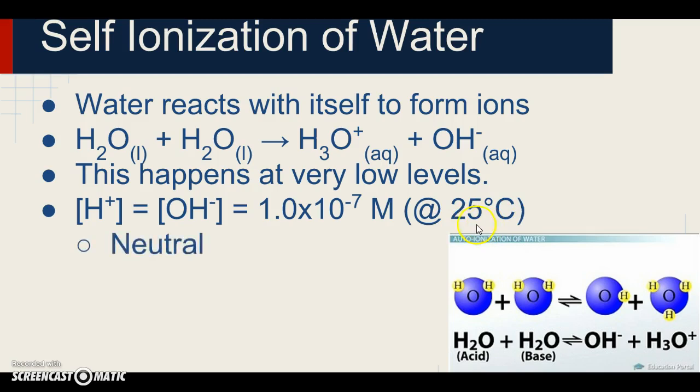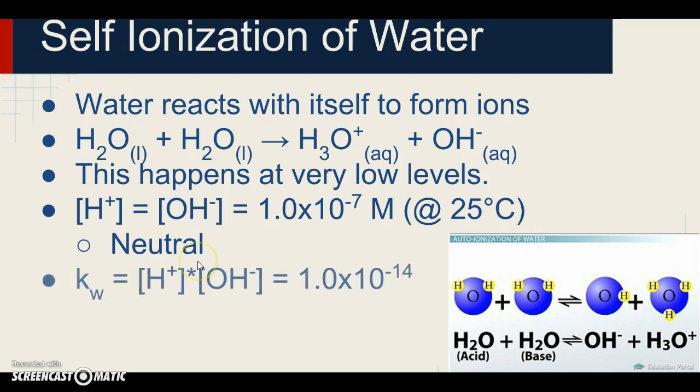Now, that is considered neutral, a neutral solution. And it turns out that the product of both of those multiplied together, the hydrogen ion concentration and the hydroxide ion concentration, is something called Kw. Kw for water at room temperature will always be 1.0 times 10 to the negative 14th.